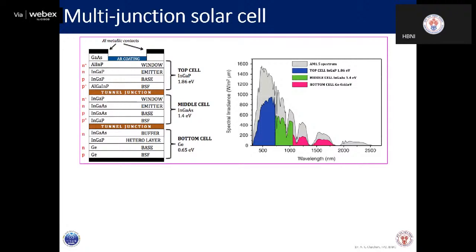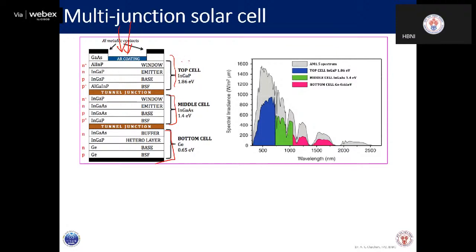So I just want to show one example. Suppose you have a three junction solar cell. Here I am showing one junction is this, another junction is this, another junction is this. Now you see, light falls from this side.